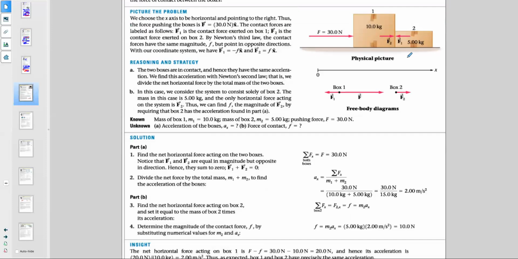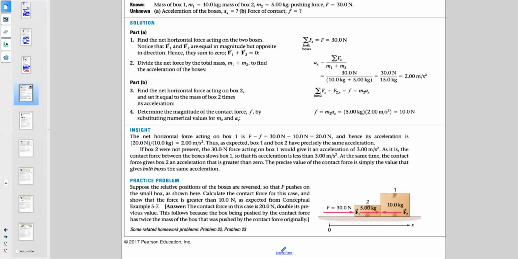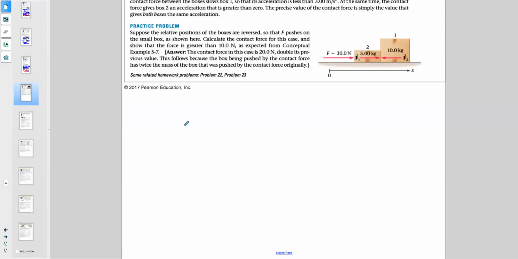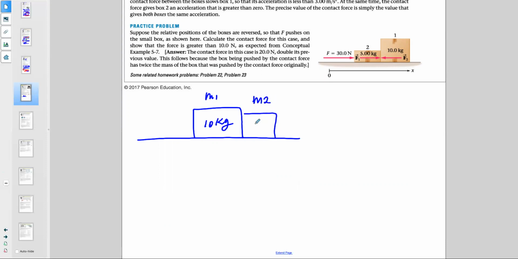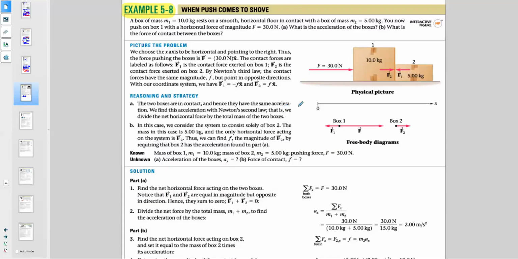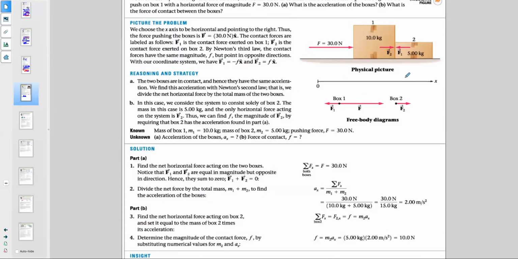So let me write down the problem a little bit easier here. I have a box 1, M1, 10 kilogram, and I have a box 2, M2, of 5 kilograms, okay? So that's what I have here. 10 kilograms, 5 kilograms.